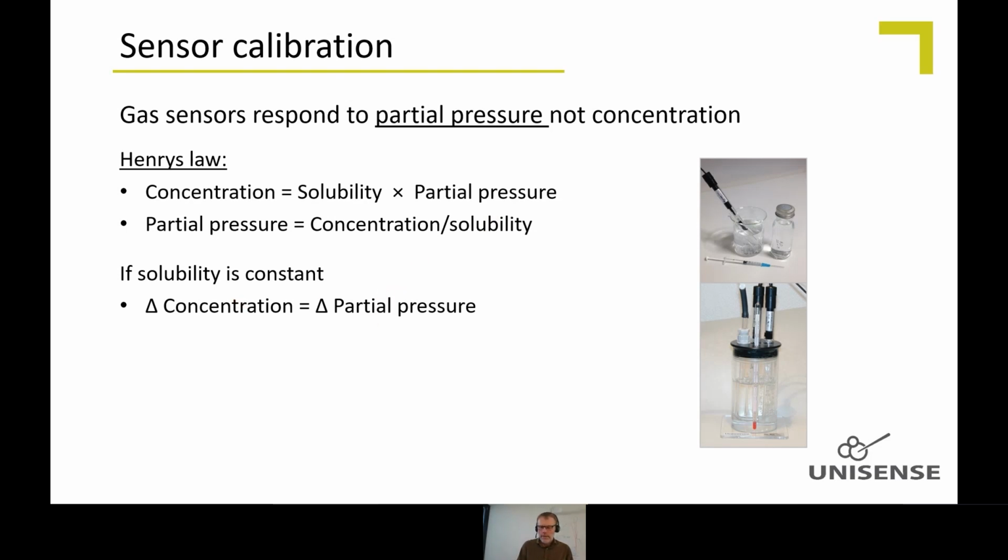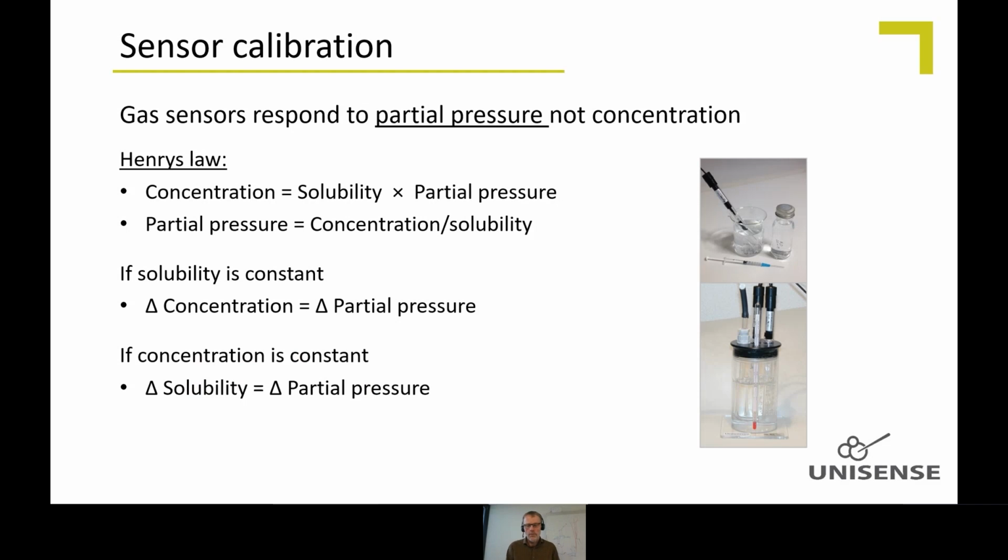That's why a sensor that is measuring partial pressure can be used to measure concentration, actually. If concentration, on the other hand, is constant and you change solubility, then you'll change the partial pressure and you'll change the sensor signal. I'll show you a couple of examples of that where we vary the salinity.